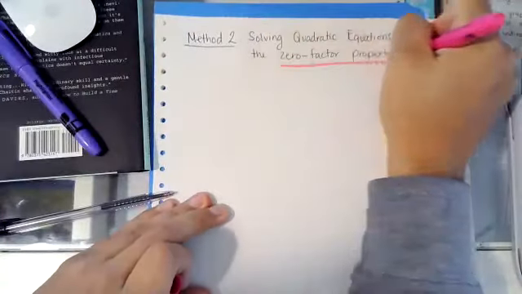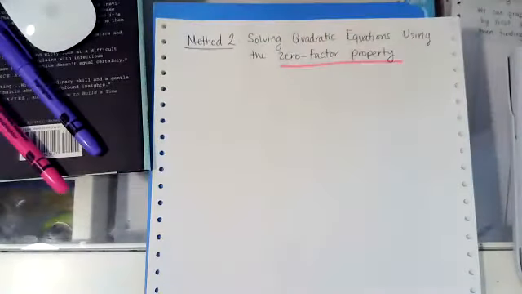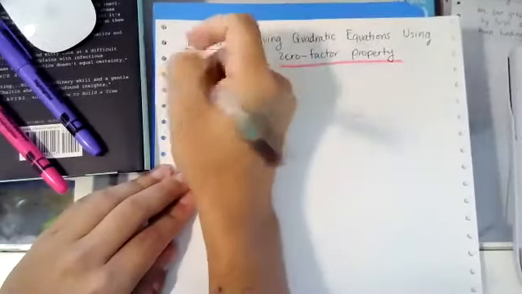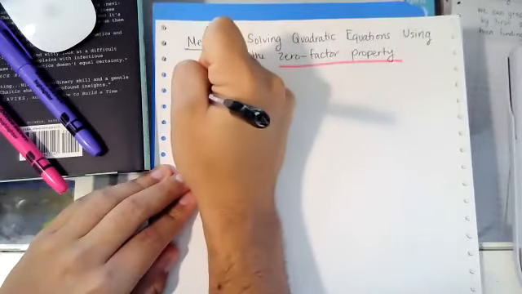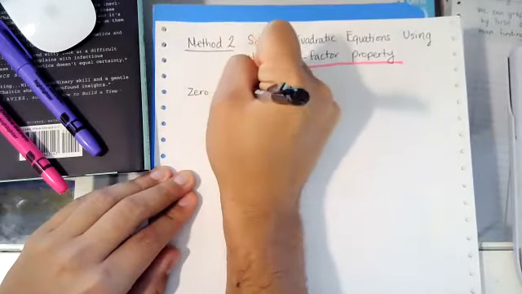Okay, so this is a new property, but it's really a simple idea. Let me just break down the zero factor property for you here.